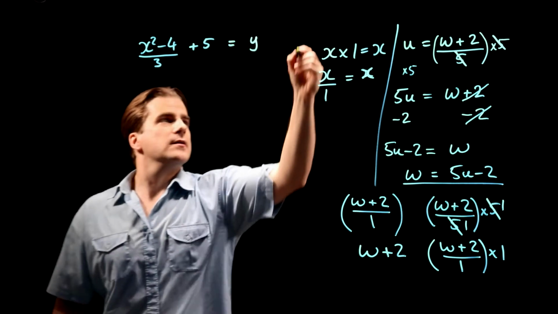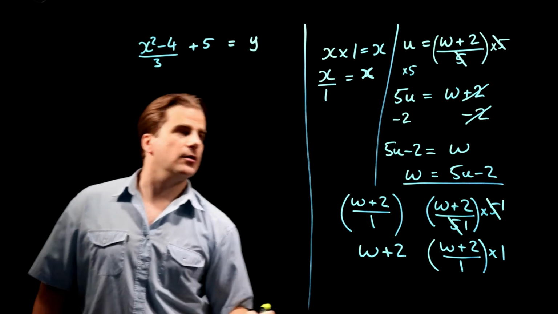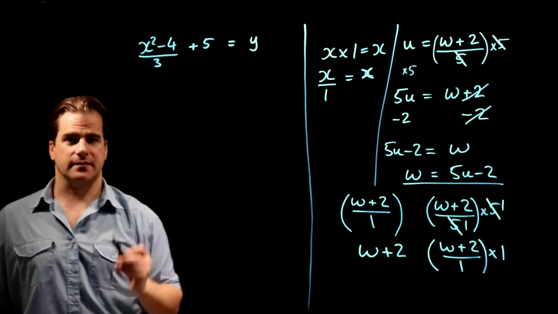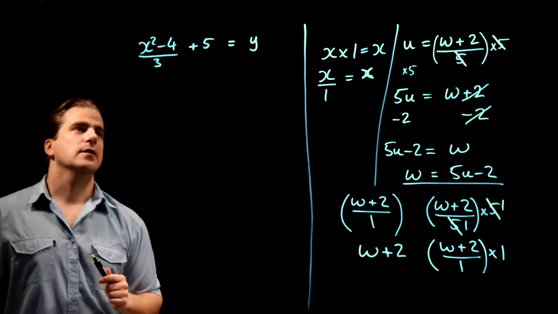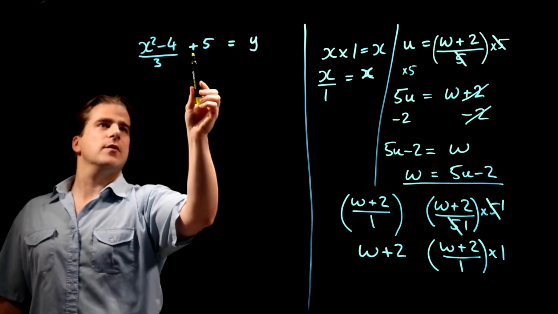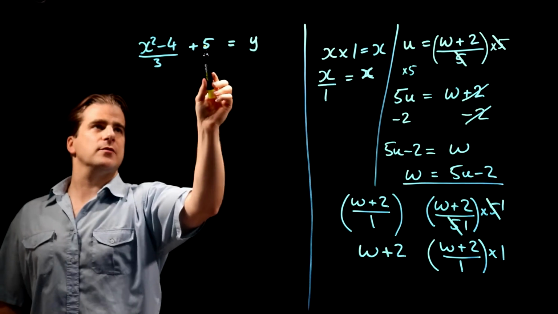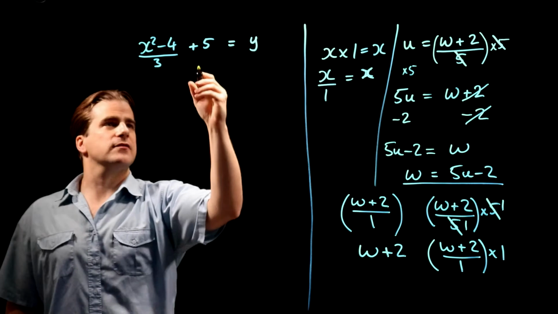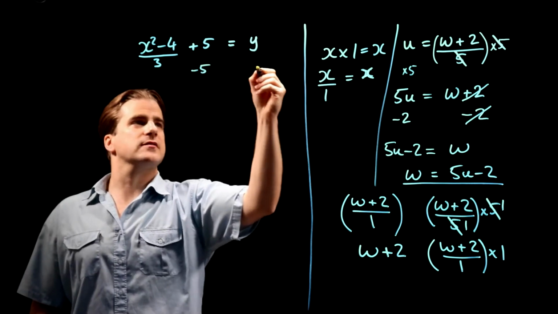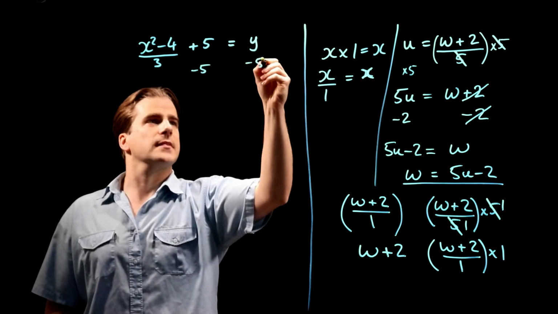Okay? And we're going to make x the subject. Okay. So what should we do first? Well, we want to get x by itself, which means we want to get the 5 on this side. So it's plus 5 there. So let's subtract 5 from both sides.